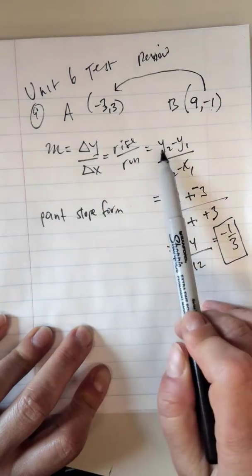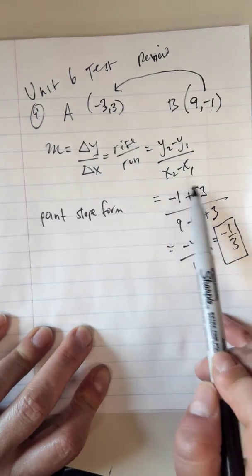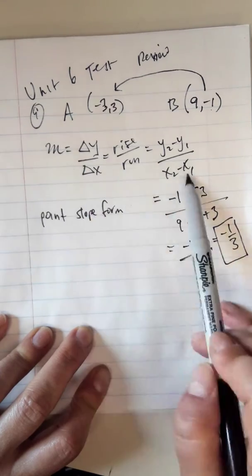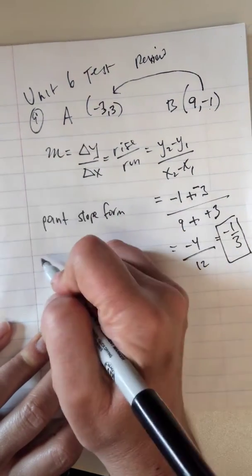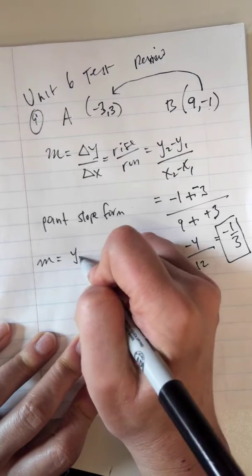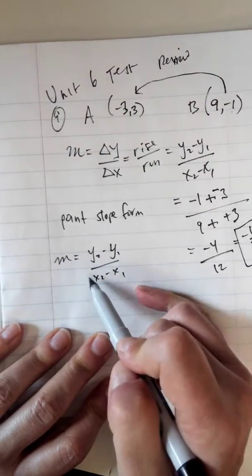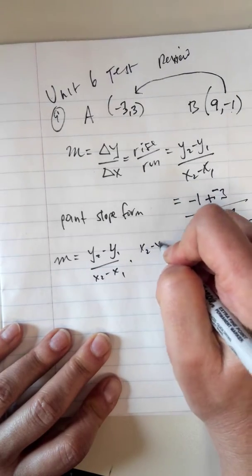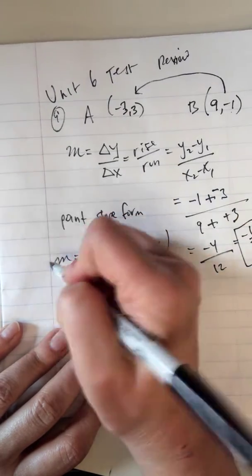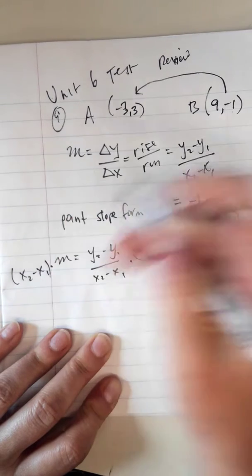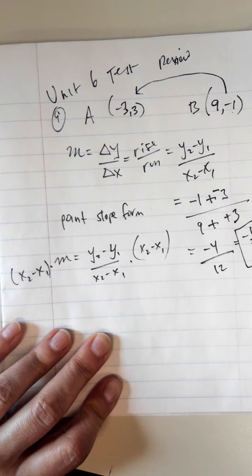If slope equals y2 minus y1 over x2 minus x1, it's like multiplying both sides by x2 minus x1. I'm going to show you that in case people needed a reminder. Then you take both sides and multiply by x2 minus x1. Let's see if that works.